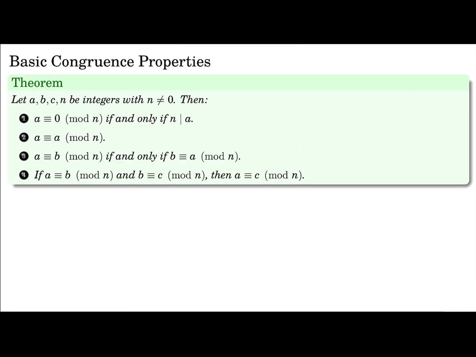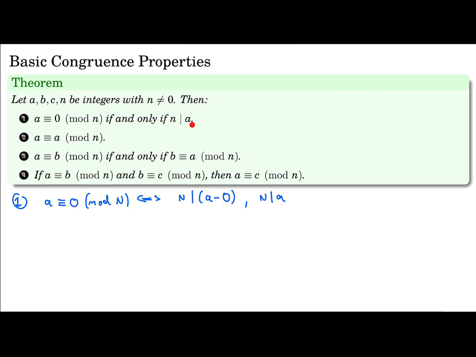First, A is congruent to 0 mod n if and only if n divides A. Well, by definition, A is congruent to 0 mod n means that n divides A minus 0, which means that n divides A. So A is congruent to 0 if and only if n divides A.